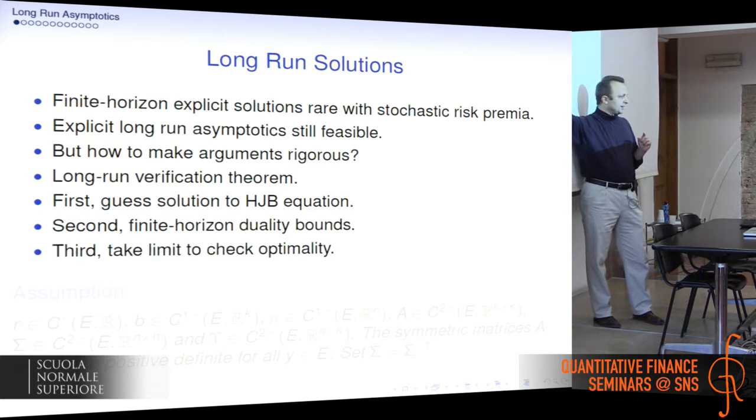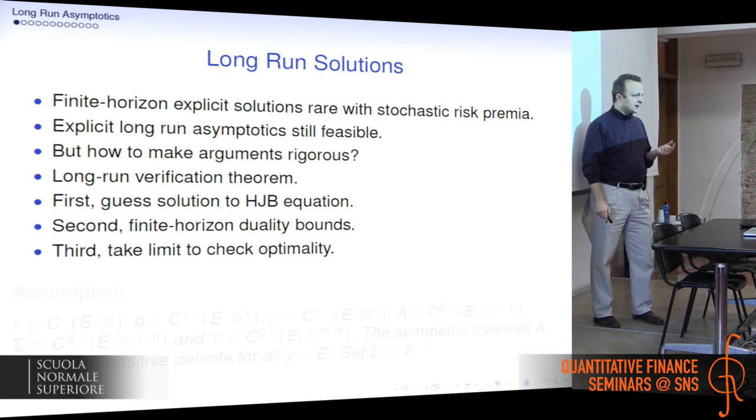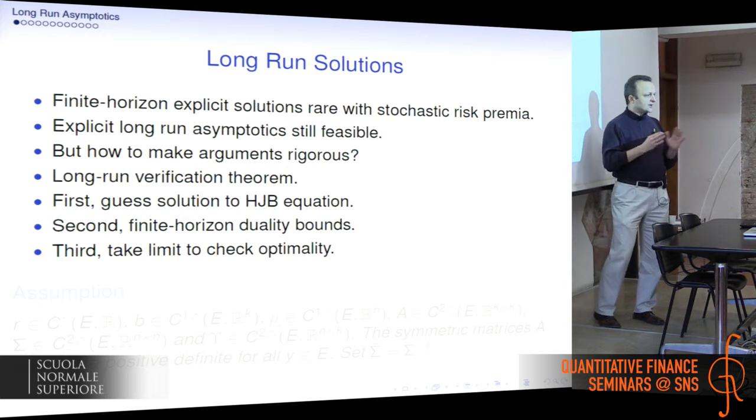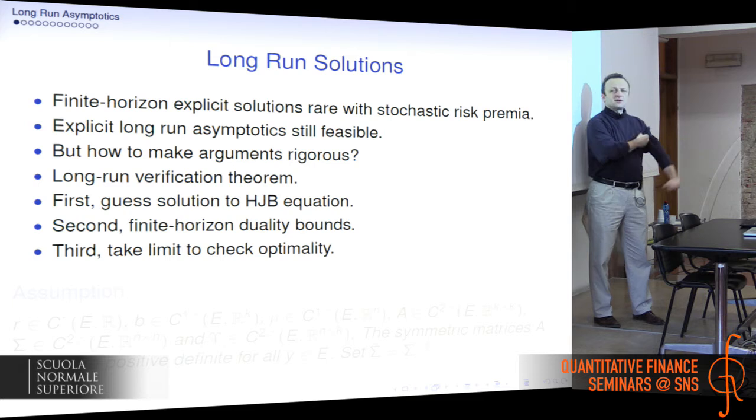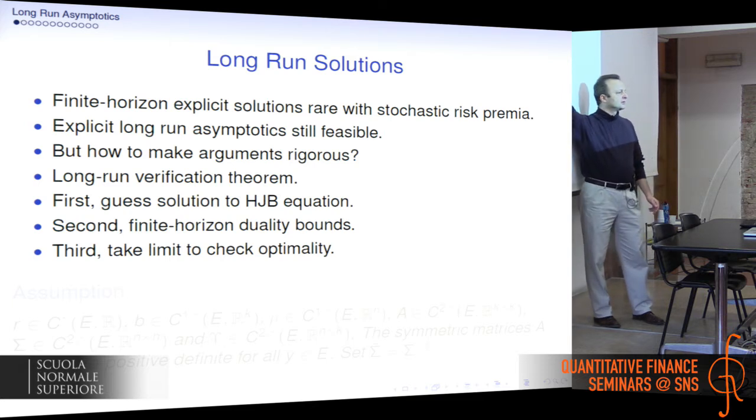The third part is interesting theoretically because it allows you to say that in the long run this is actually going to work, but this is not going to tell you how long the run has to be for this to be practical. So if it works in 200 years, maybe it's not so useful, but if it works in 20 years, then it's useful. And this will tell you if it works in 20 years.